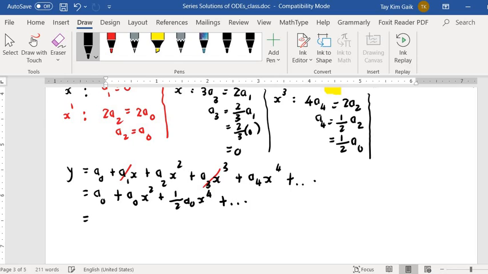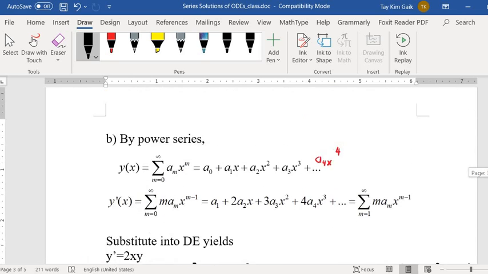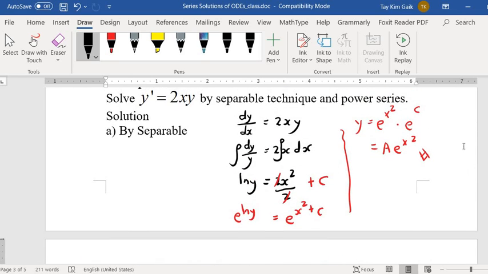Factor out the a naught, so you have 1 plus x squared plus half x power 4. And you must wonder why the solution is different from what you obtain in the separable technique.